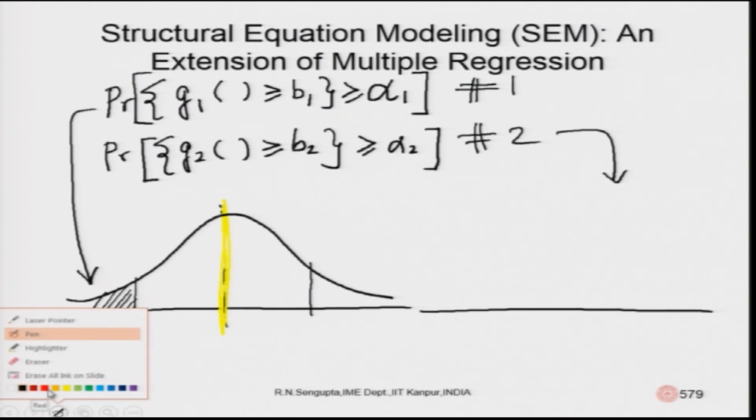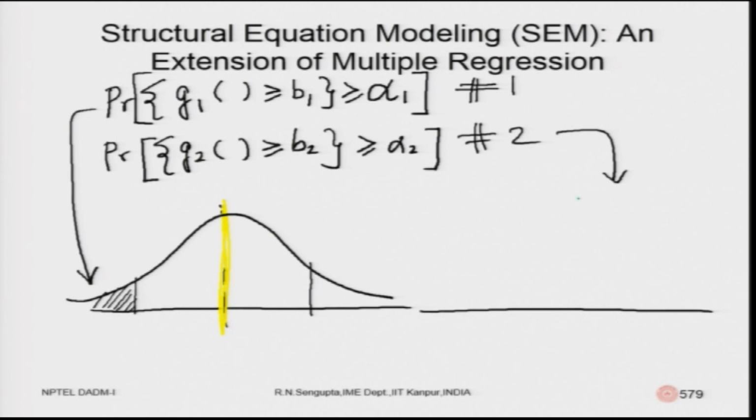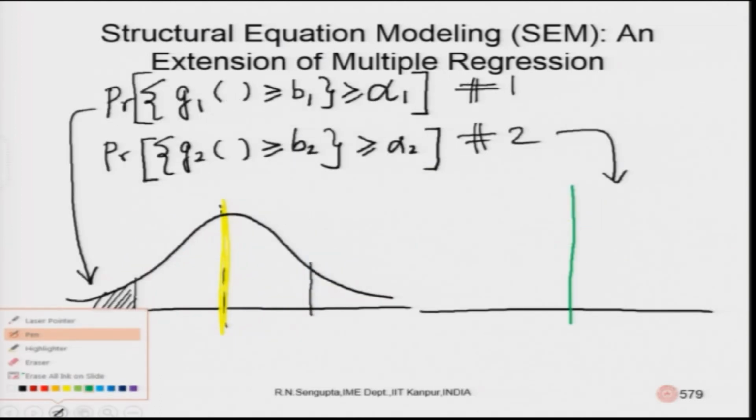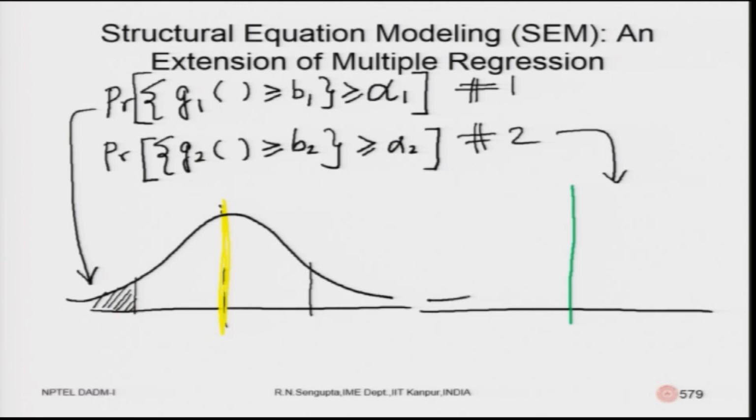I draw the mean value in green color. What I am drawing is this one, the mean value here. We will come to the red point which is A later on. So, this is alpha 2.